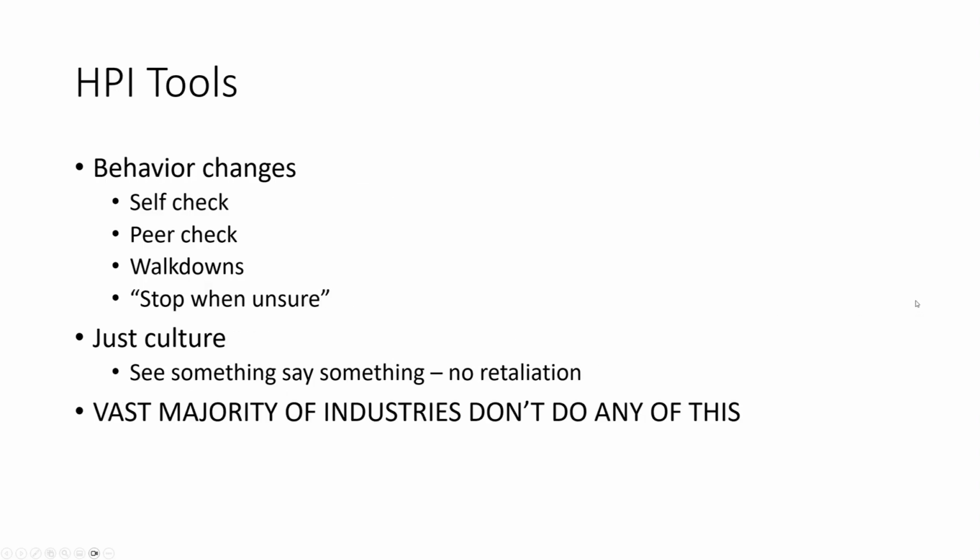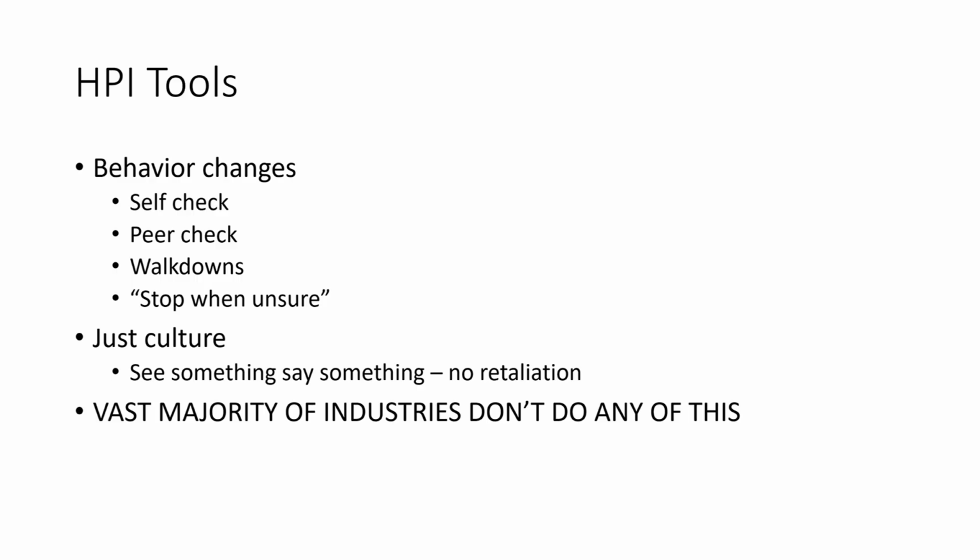And then be aware when we look at a lot of these, right? HPI tools. What do those mean when we look in an interface? Self-check, peer check, walk down, stop when unsure. What are we talking about when we look at interface design? Similarly with just culture, see something, say something without retaliation.